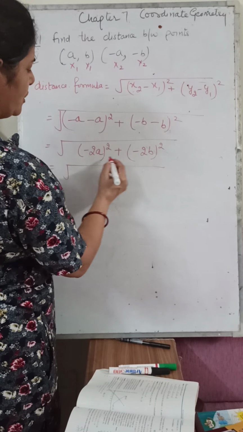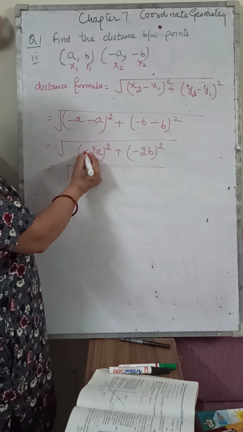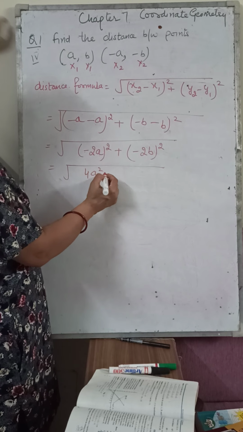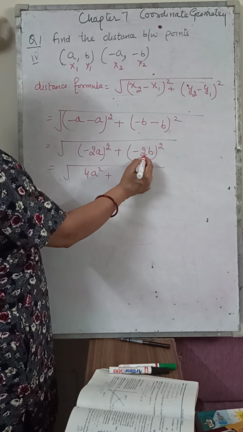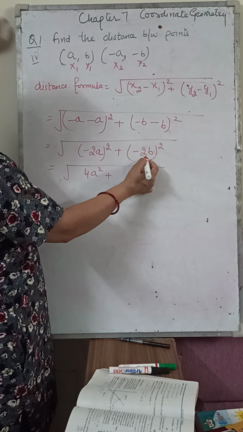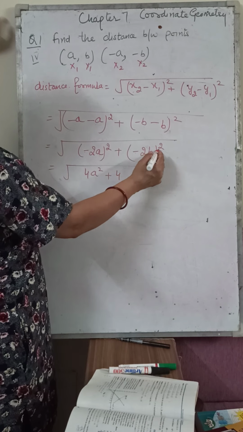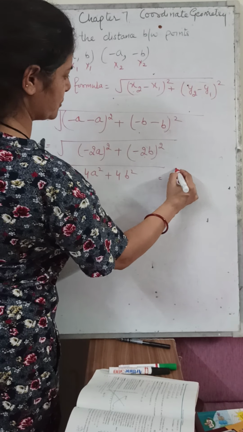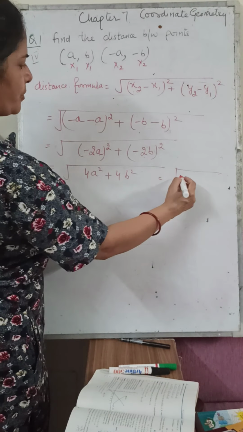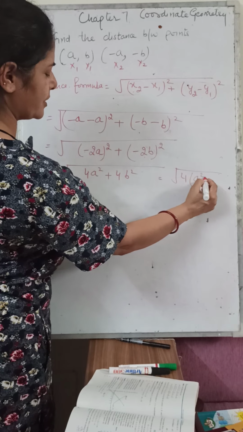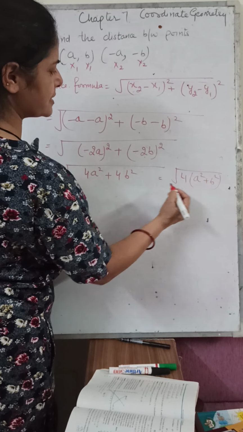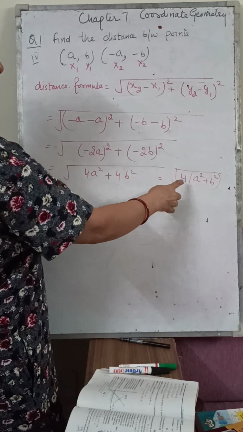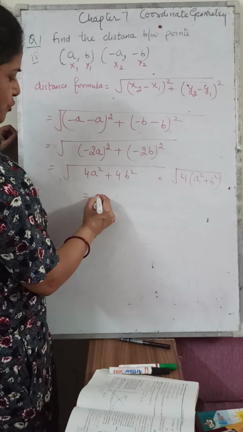Root. What is the square of minus 2a? Plus 2 squared, 4a square, plus again the square of minus 2b is plus 2 squared, 4b square. This is under the root. Take 4 common out of it: a square plus b square. What is the square root of 4? It is 2.